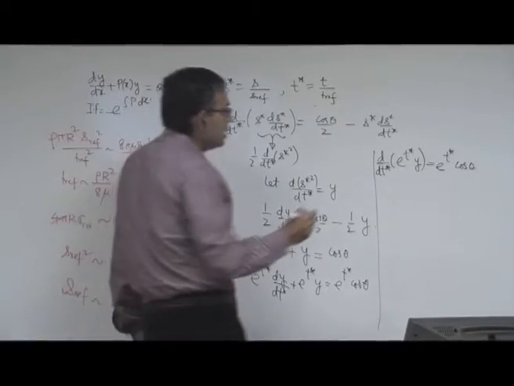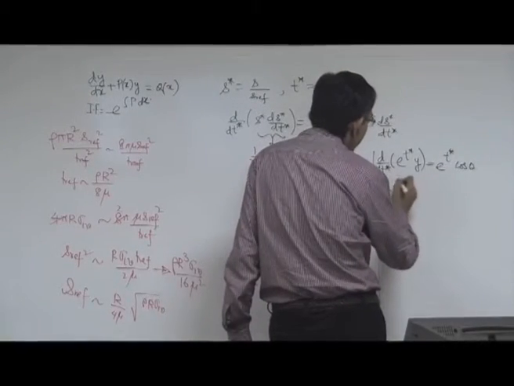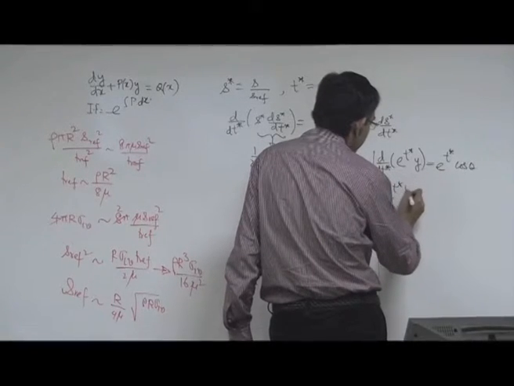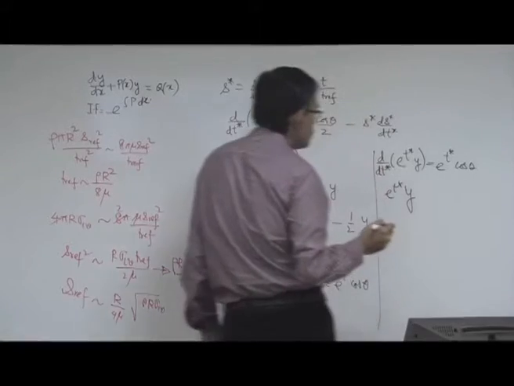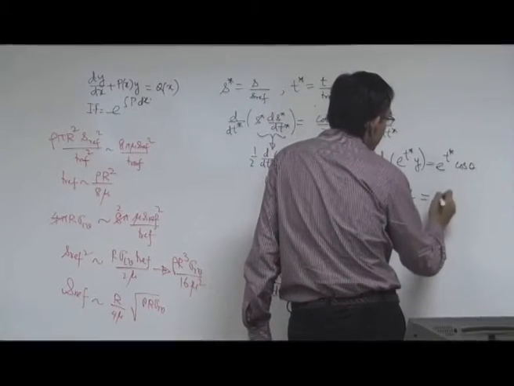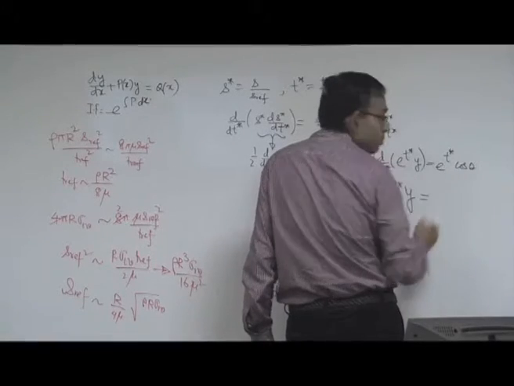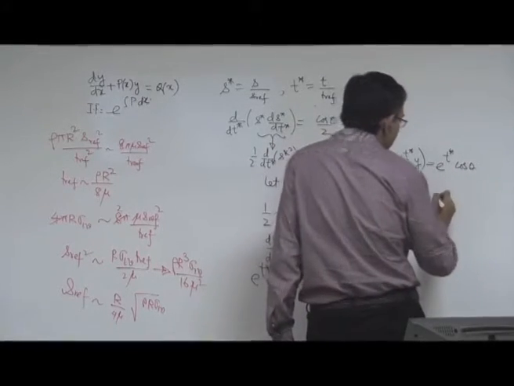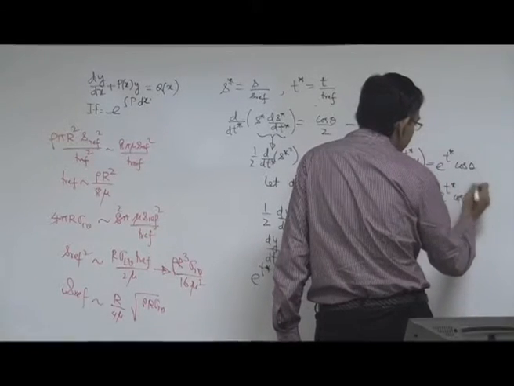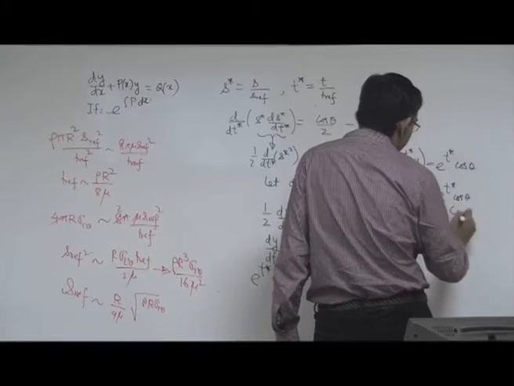So, if you integrate this, e to the power t star y is equal to the integral of e to the power t star, which is e to the power t star, cos theta plus C1.